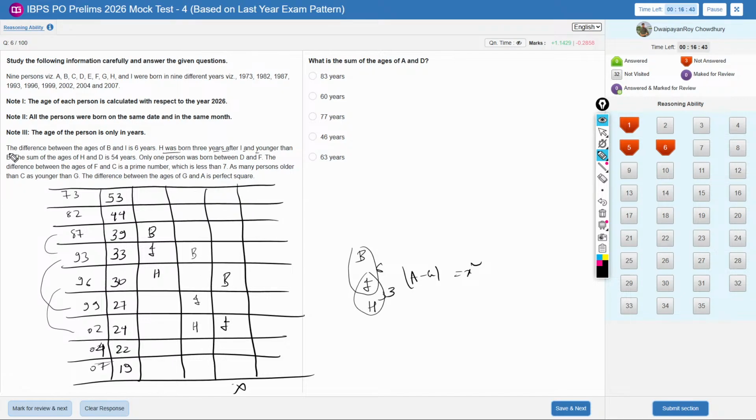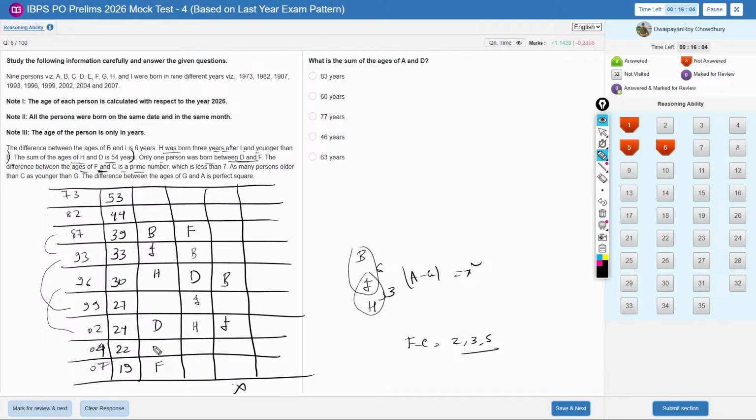Now the sum of the ages of H and D is 54. So 30 is D, 30 H. Only one person between D and F. D and F. The difference between the ages of F and C is a prime number, so F minus C is either 2, 3, 5.